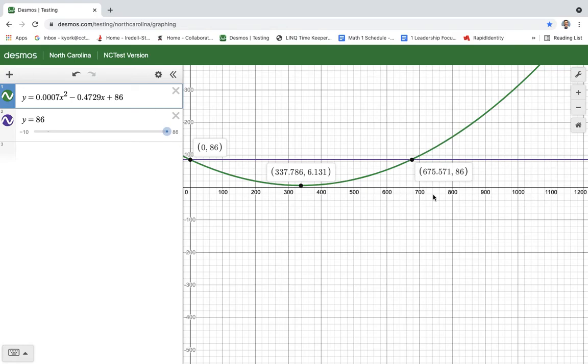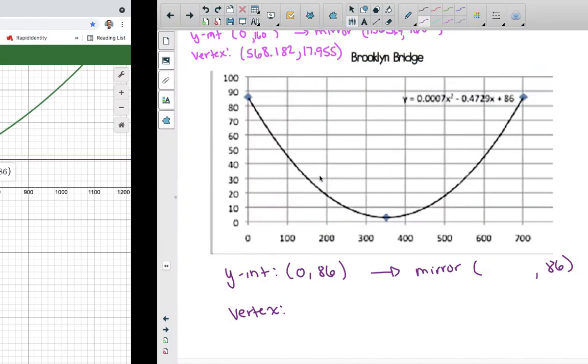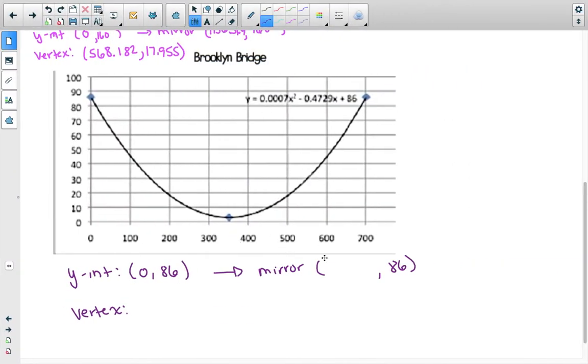So we have 675.571 for our mirror. And we have 337.786, 6.131. So let's write those down. It was 675.571, 86. And our vertex was at 337.786, 6.131.